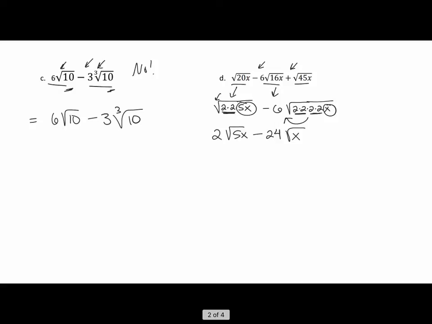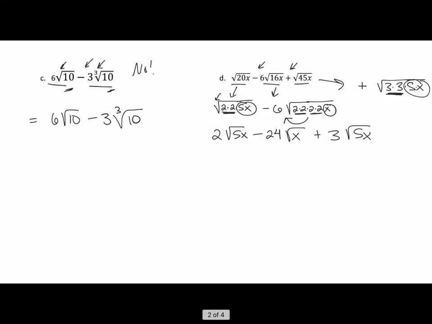Then this last radical, there's just a plus sign in front, and 45 is 9 times 5. So we do have a square root of 9, which is 3, and 5x is left inside.